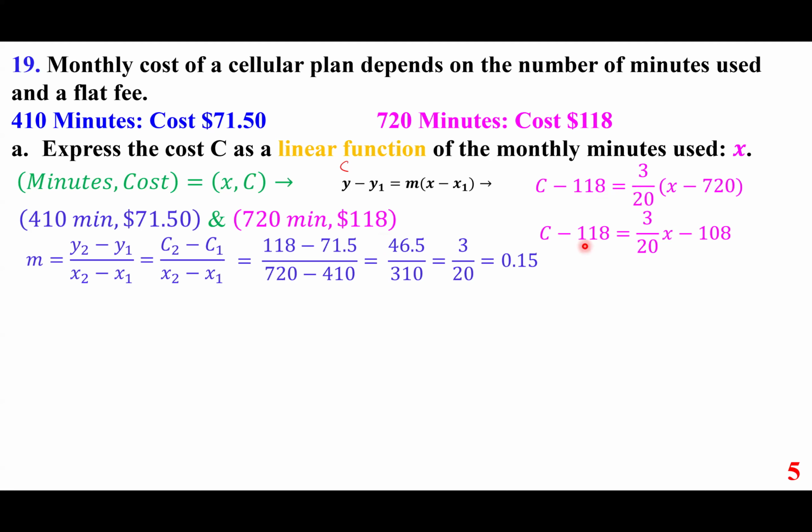You move the negative 118, make it positive on the right, you get plus 10. So the cost becomes 3 over 20 times x, or 0.15x plus 10.